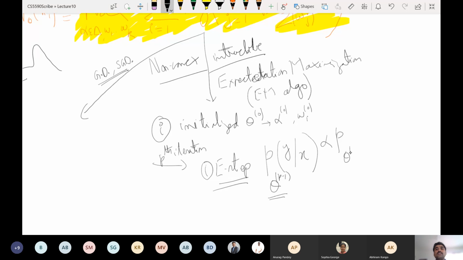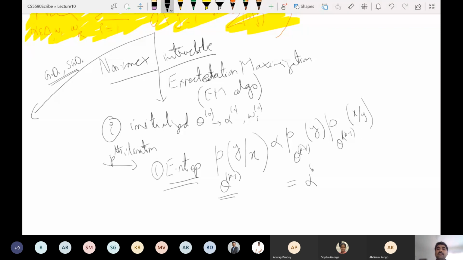Again, as I've told, this is with the old parameters, p(y) into p(x given y), with p minus 1. But what is this same as? This is same as alpha^(p-1) of y, and then this is same as e to the power of w^(p-1) transpose y phi of x. As simple as that. This is the formula, right?